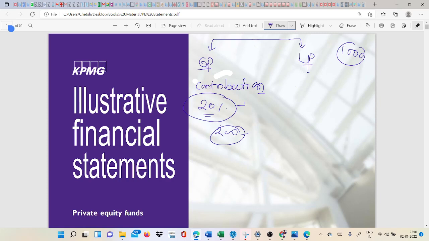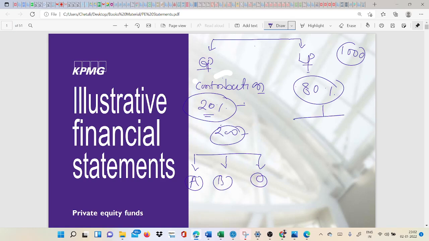And that is what we will have to prepare or allocate, all the activities between the limited partners and general partners, as per their own contribution. In a GP also you can see many players as well: A, B, C. Here it would be like X, Y, Z, E, and all.